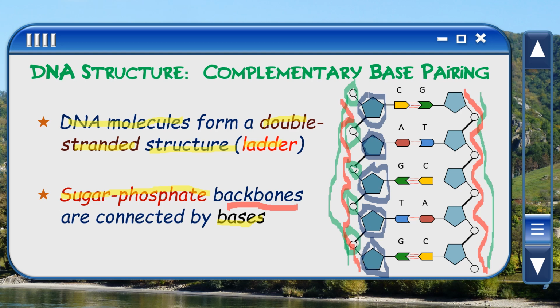Now, that backbone of sugar phosphate is connected by what we are referring to as the bases. The bases here in the middle are connecting one backbone on this side and another backbone on the other side. They are forming like ladders. They are connecting the sugar phosphate backbones.